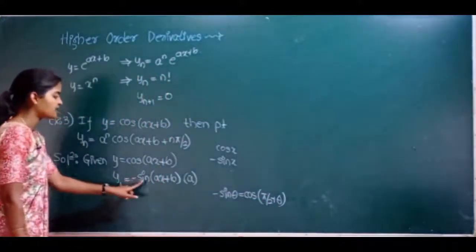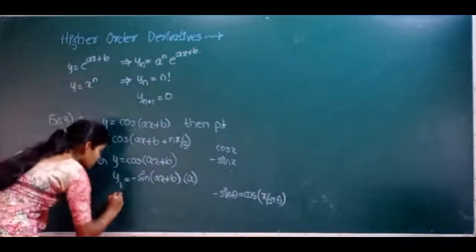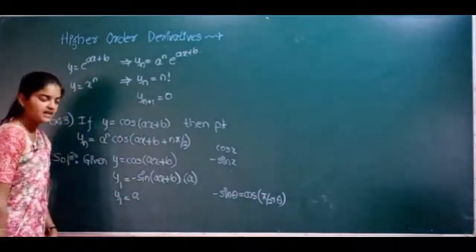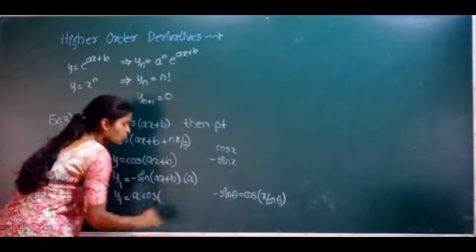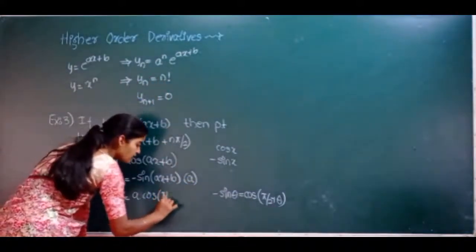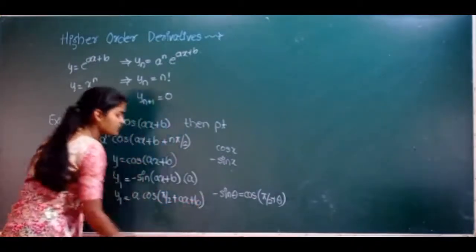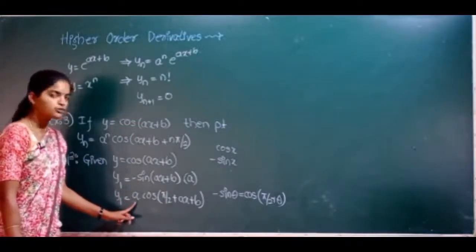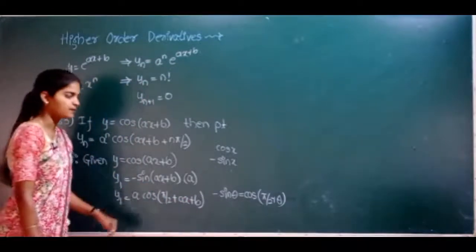So here, minus sin ax plus b is there, therefore I will take y1. I will write a initially, that is a into, and this minus sin I can write as cos pi by 2 plus ax plus b. What we got: y1 is equal to a into cos pi by 2 plus ax plus b.